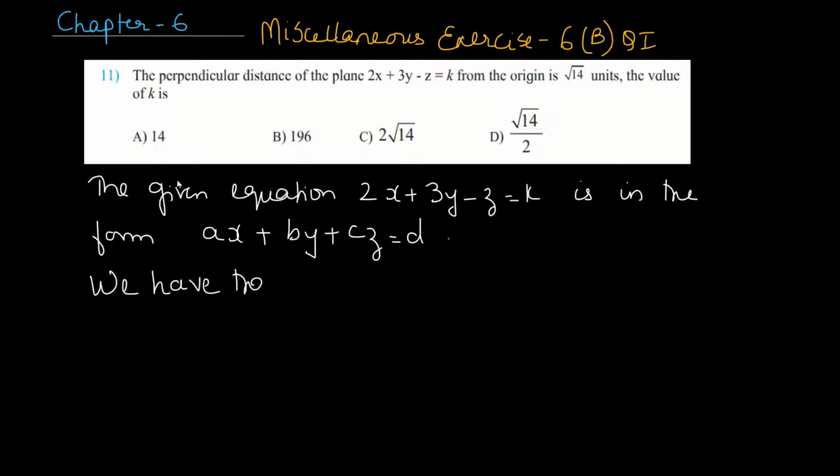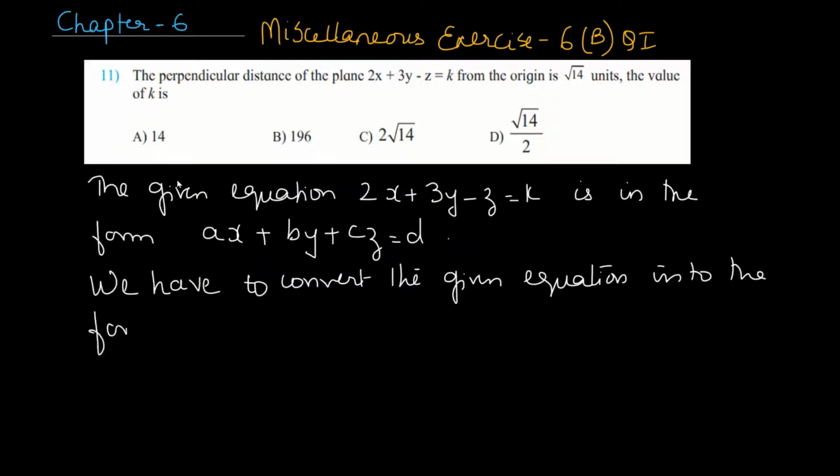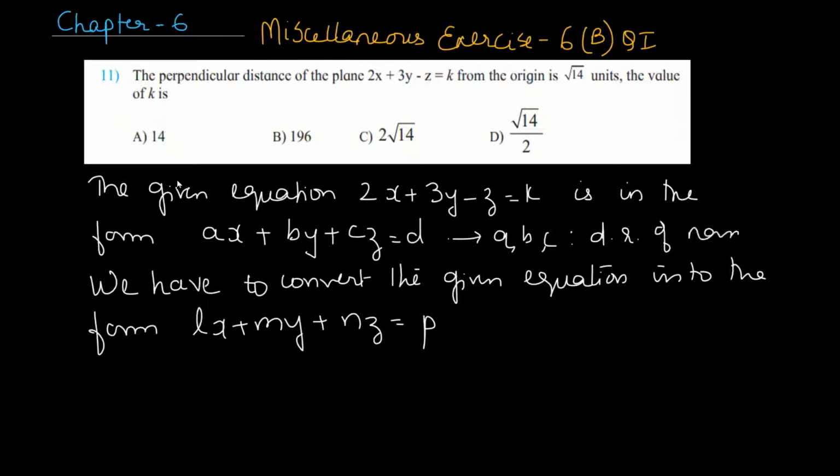We have to convert the given equation into the form lx plus my plus nz is equal to p, where in this case a, b, c are the direction ratios of the normal to the plane, whereas in this case l, m, n are the direction cosines of the normal.